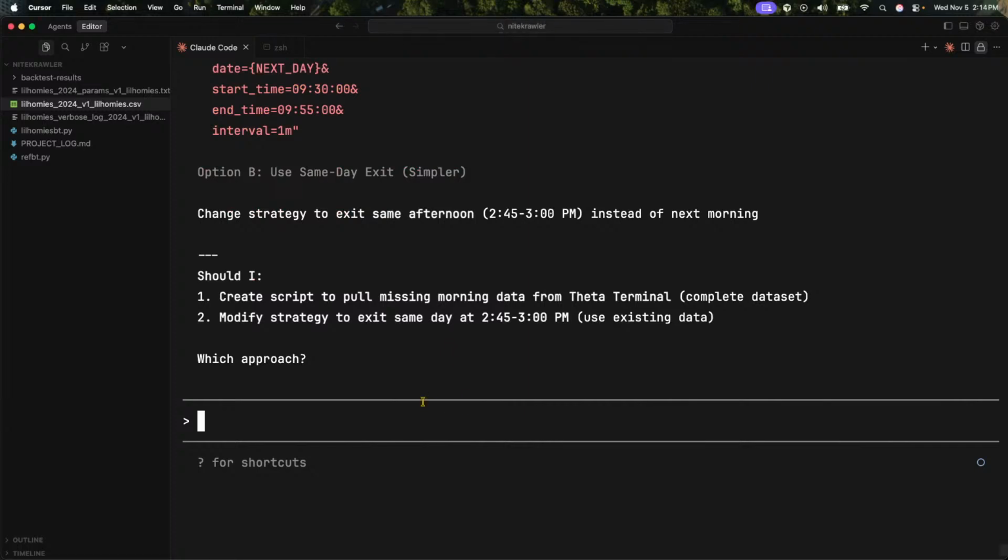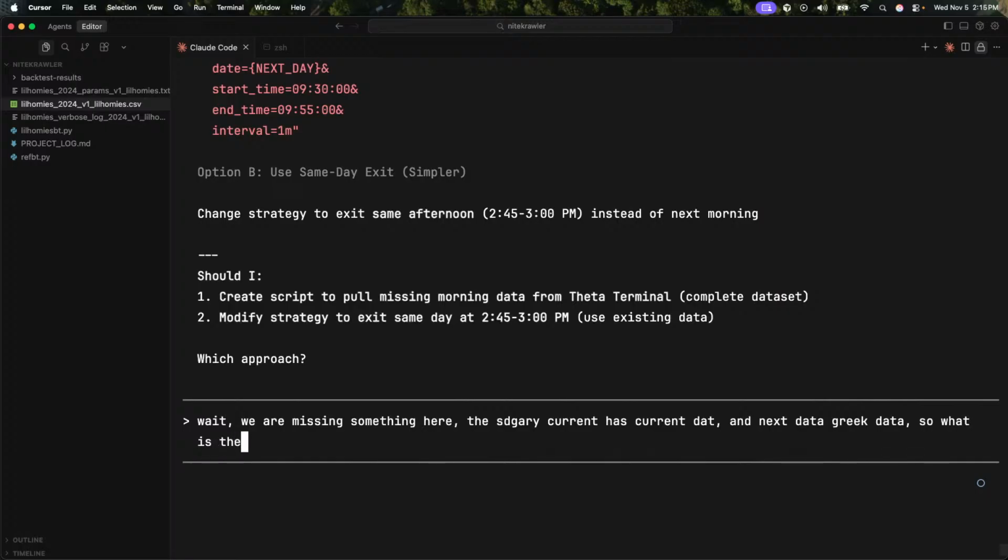Wait, we are missing something here. The strategy currently has current day and next day Greek data. So what is the disconnect? It's using the next day Greek data to sell in the morning within 25 minutes.